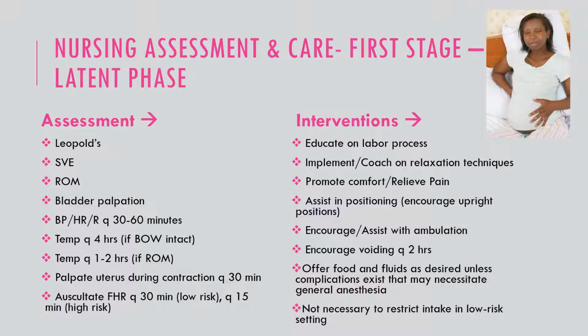And then we'll intervene by providing them education, giving them coaching and relaxation techniques, promoting their comfort, positioning, and pretty much I've talked about all of these. Offering food and fluids as desired unless complications exist that may necessitate general anesthesia. For your people in the acute care facility, that's going to be just about everybody.